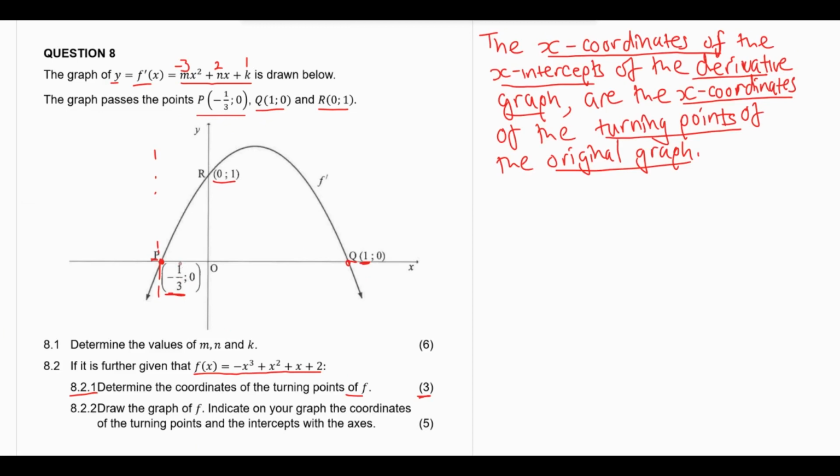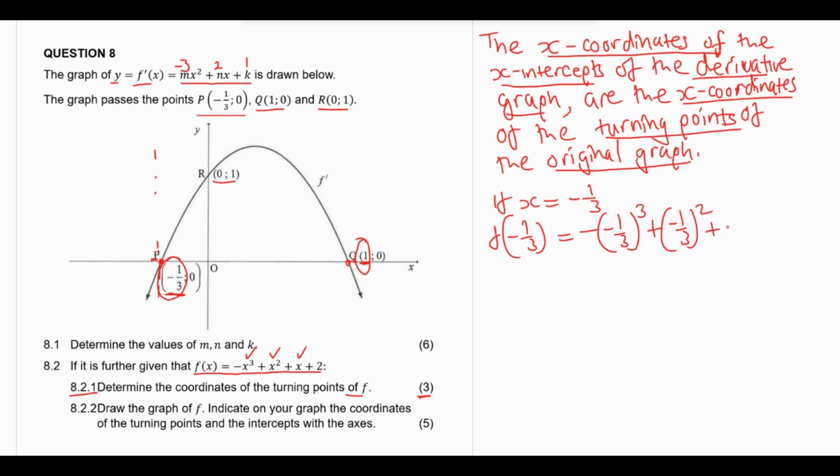Now we can simply use these x coordinates to find the y coordinates of the turning point. So let's start with negative 1 over 3. If x is equal to negative 1 over 3, what is y? We substitute where there's x, we put negative 1 over 3. So it becomes f of negative 1 over 3 is equal to negative, then negative 1 over 3 cubed, then plus negative 1 over 3 squared, then plus negative 1 over 3, then plus 2.